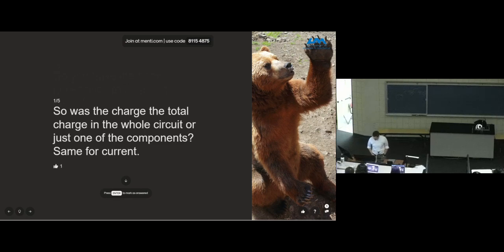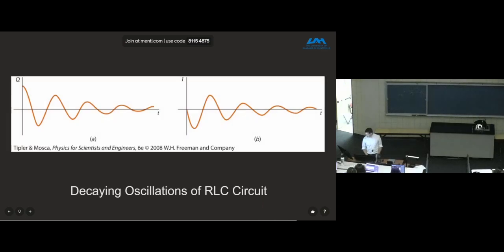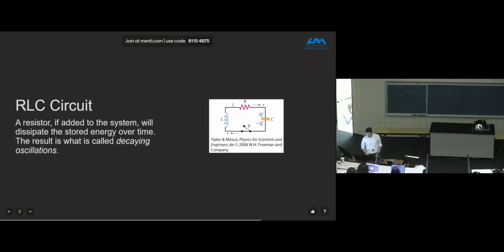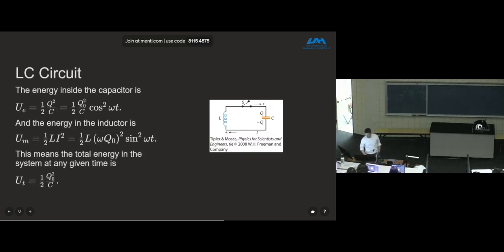So was the charge the total charge in the whole circuit, or just on one of the components? That's a good question. But let's go back to our figure here. If we look at this figure, that's for the resistor. Let's go back to this one.